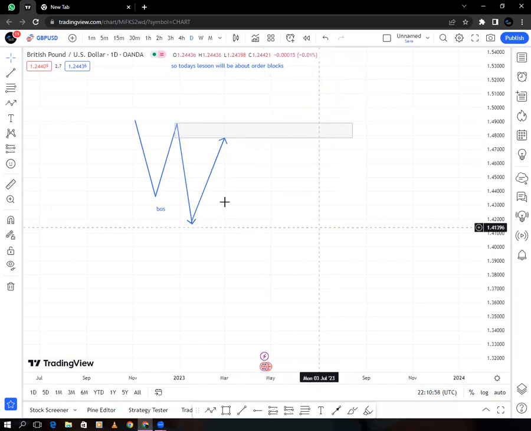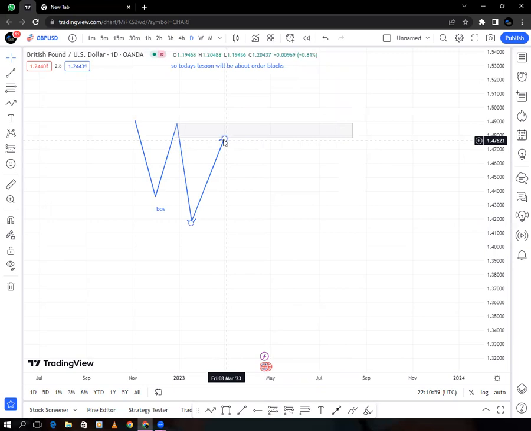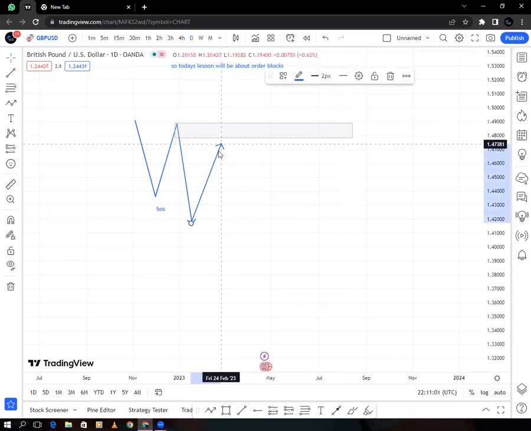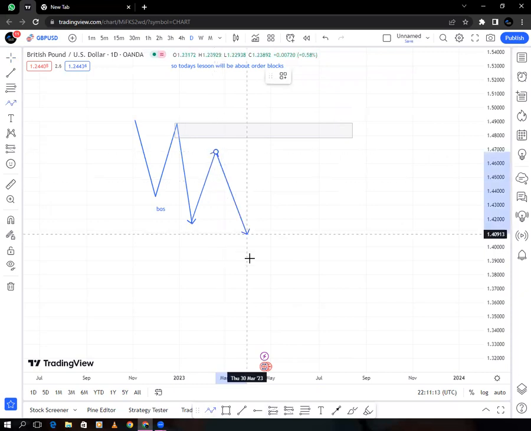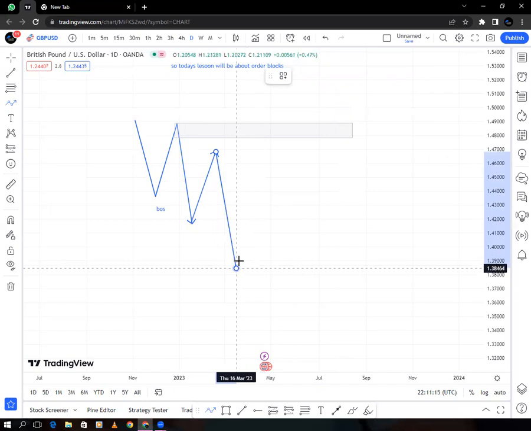So another thing I wanted to show you guys. Let's say now we never been able to reach the order block. Then we created something like this, a new low.